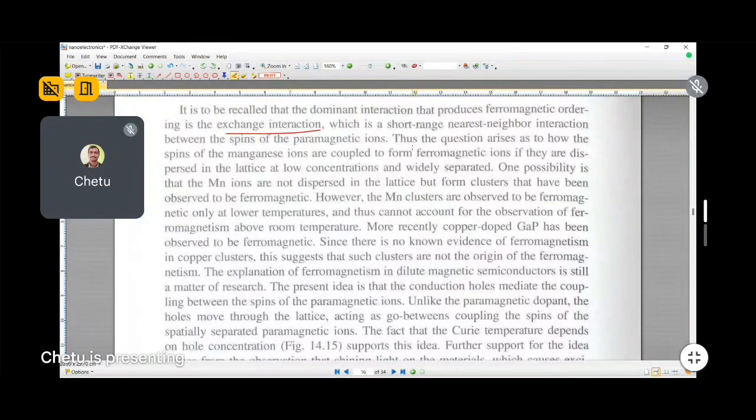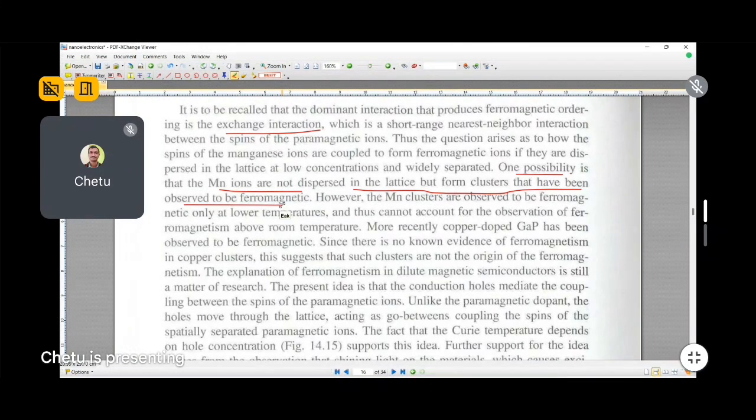Now, in order to understand the mechanism of ferromagnetism inside this doped semiconductor, one possibility is that the Mn ions which are doped in the semiconducting materials are not uniformly dispersed in the lattice, but instead form nanoclusters or small clusters which are ferromagnetic in nature. So this is a phenomenon.